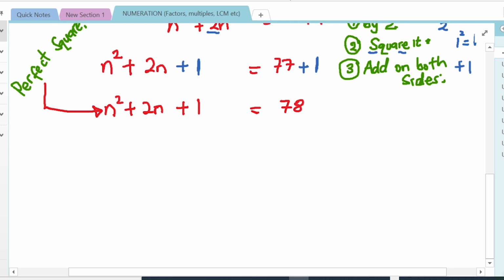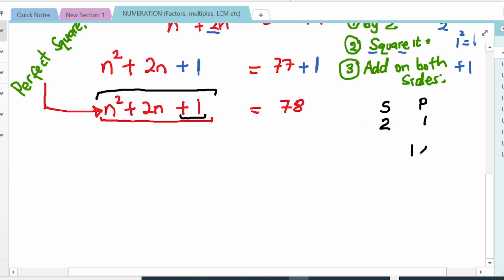So now that we have created a new equation here, let's now solve it from here. We're going to find two numbers giving us a sum of 2 and a product of 1.